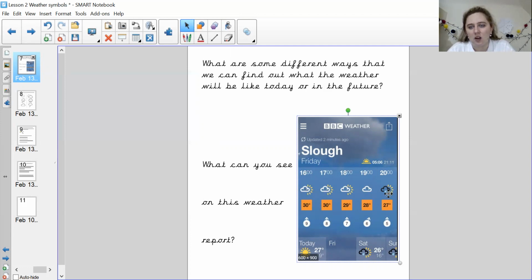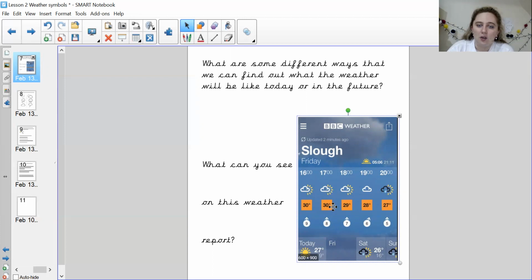And then at 8 o'clock, oh my goodness, this darker cloud with a raindrop is going to happen, which means kind of stormy rain or dark clouds and rain with some sun as well.